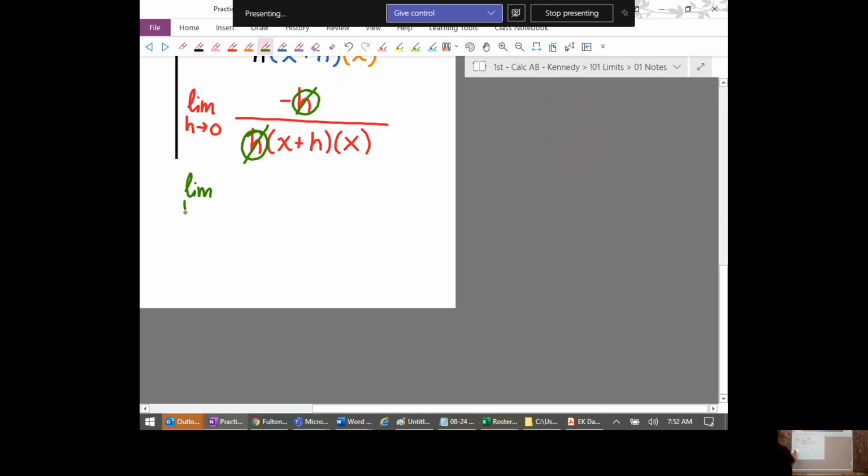So I'm left with the limit as h approaches 0. My numerator has a negative still. My denominator has this. And once we've canceled, we go back to direct substitution. The unusual thing here is that we have two variables.